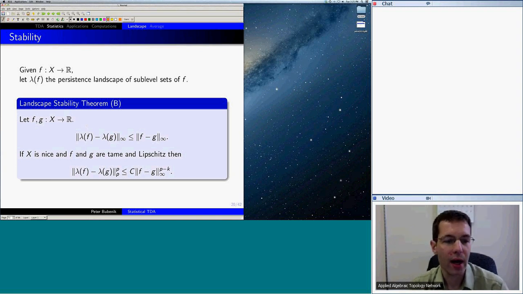But to point out that this actually has no assumptions on F and G whatsoever. It does not even require the q-tame condition, which you need in order to construct a persistence diagram. I have an Lp version of this stability theorem, and again, this is very similar to the theorem for Wasserstein distance of persistence diagrams.